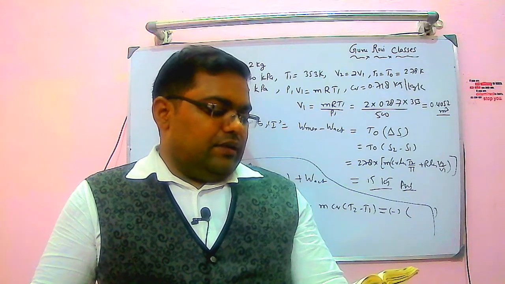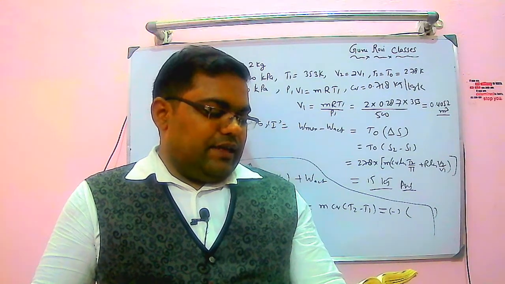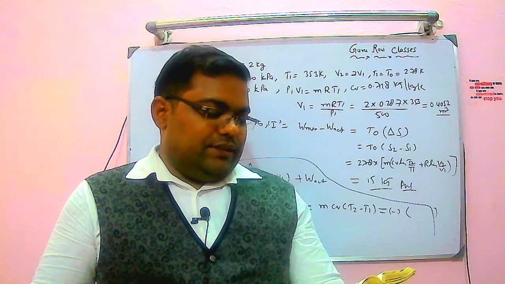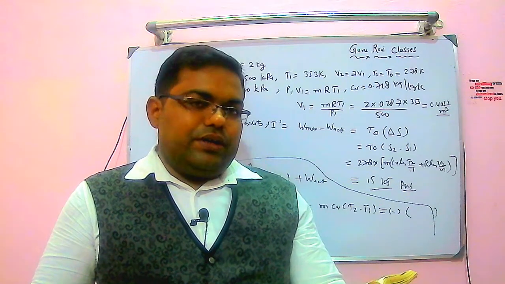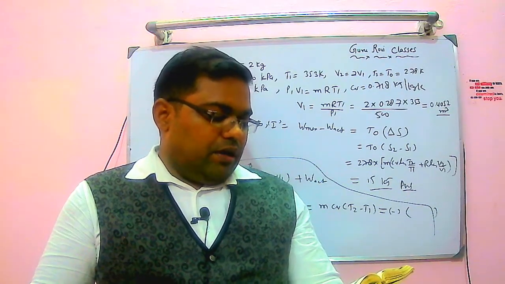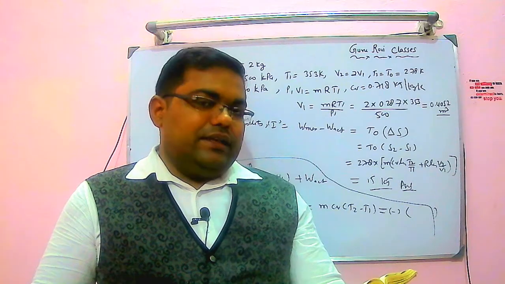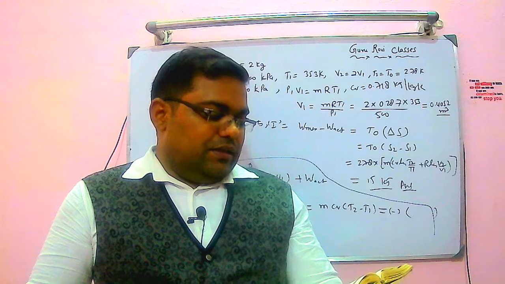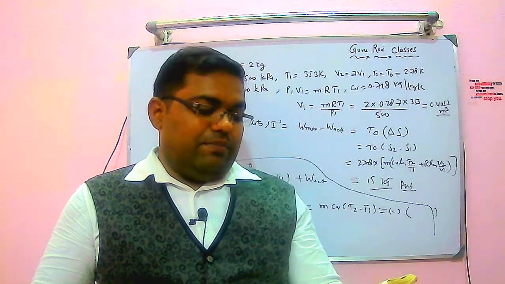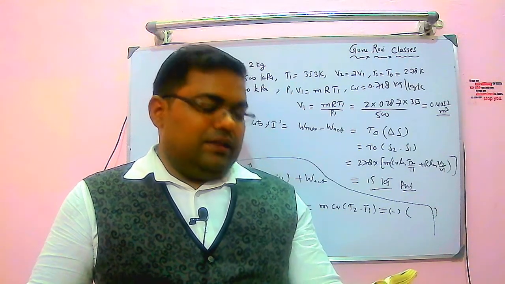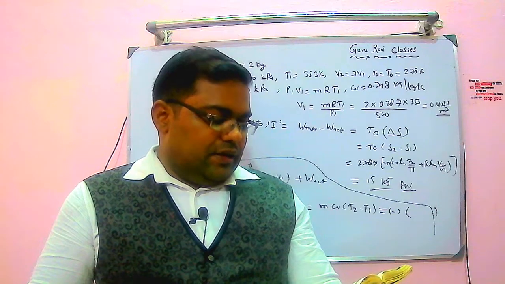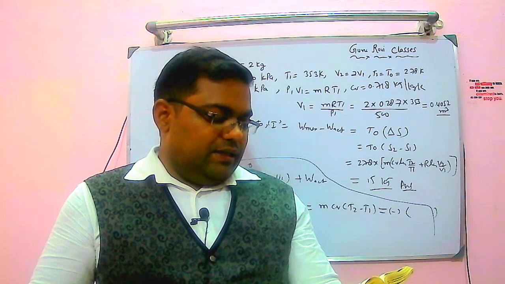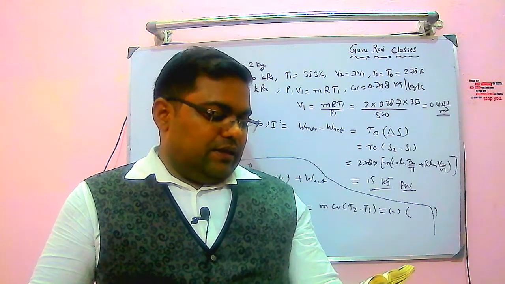Neglecting the kinetic energy and potential energy changes, determine per kilogram of air: part A, the decrease in availability; part B, the maximum work; and part C, the irreversibility.